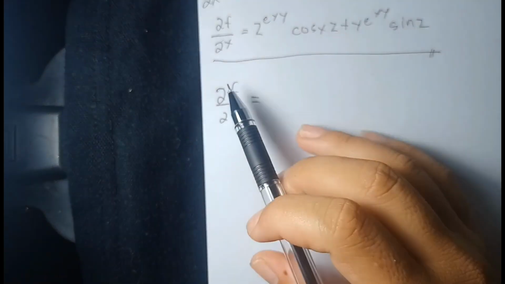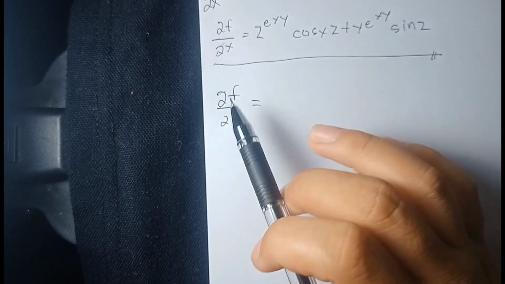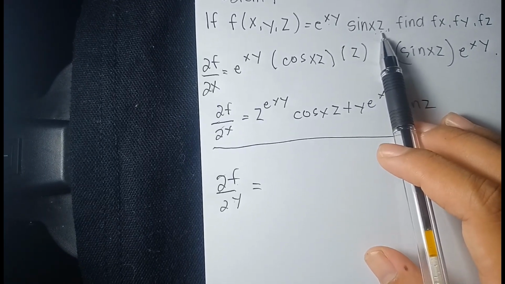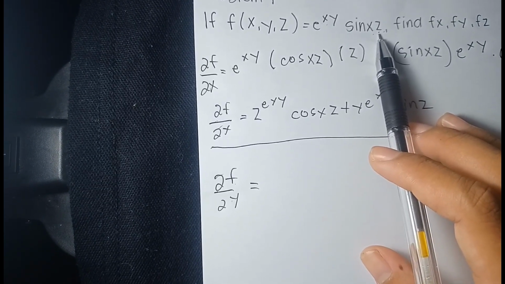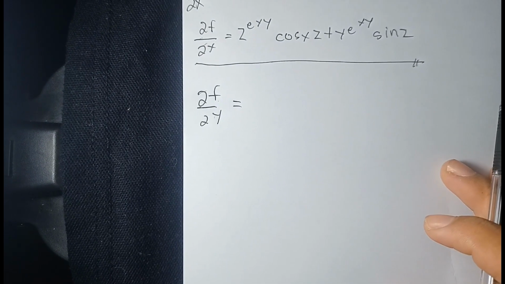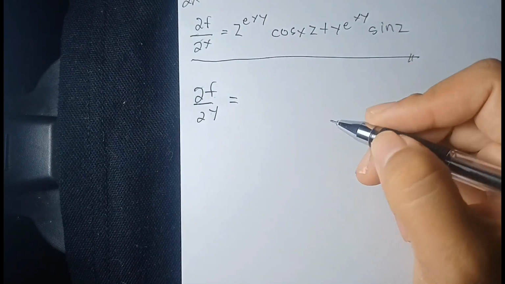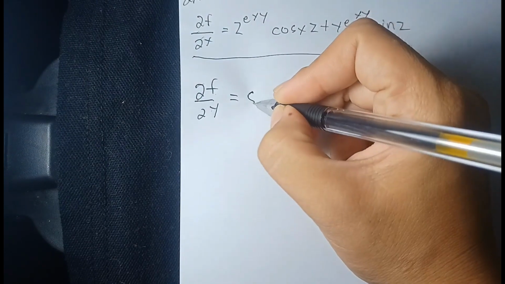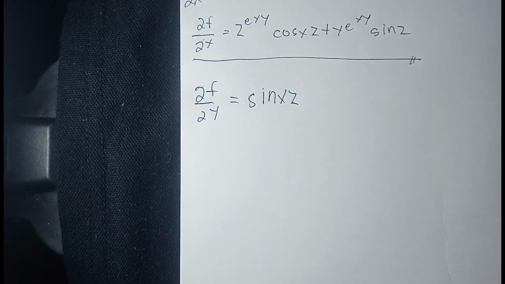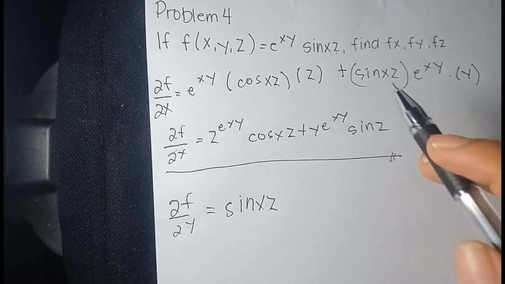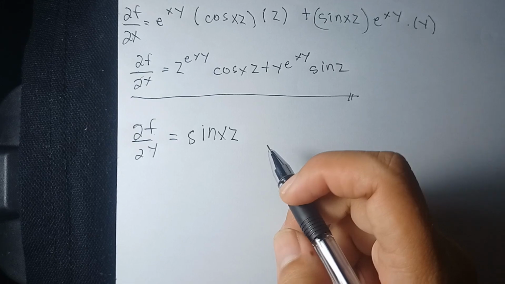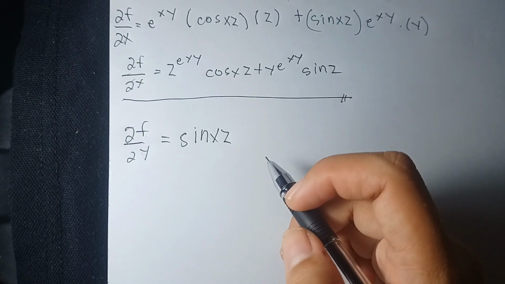Next, the partial derivative of f with respect to y. As you can see, the sine xz has no variable y, so it's just like a constant. So we will put it first, the sine xz, because the x is considered a constant, since we are differentiating with respect to y.